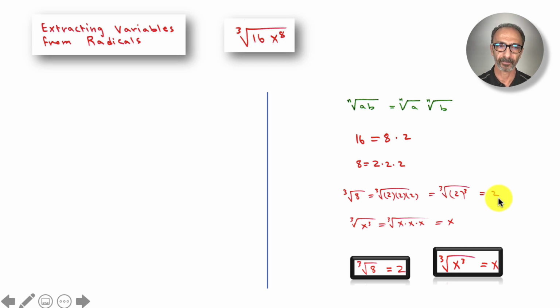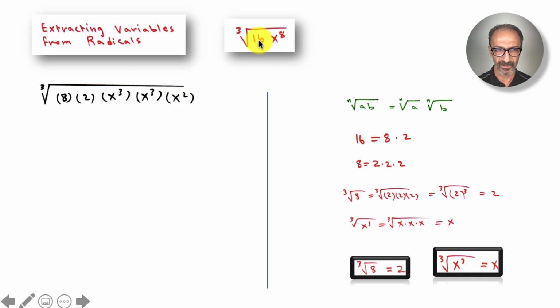And we're going to also think about x to the power 8, extract out of it or factor it, not just x times x times x 8 times. We're going to group them into x to the 3rd, because the cubic root of x to the 3rd is x. Keep those two in mind. Here we go.